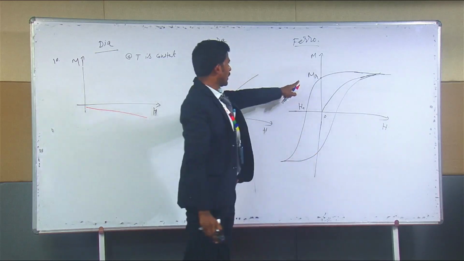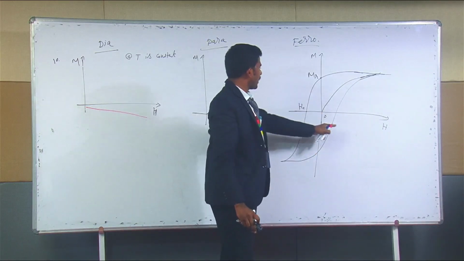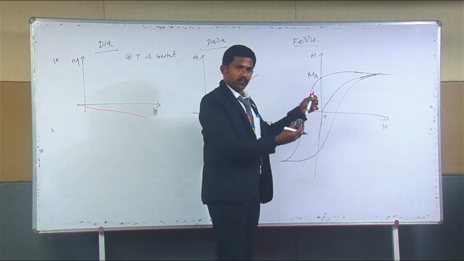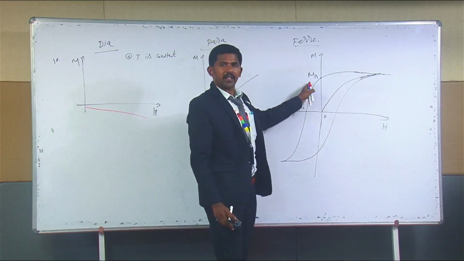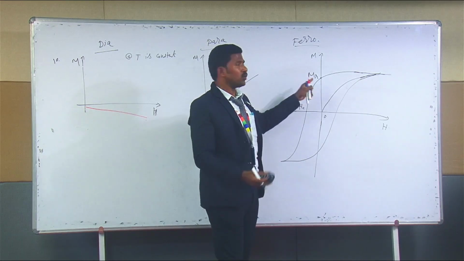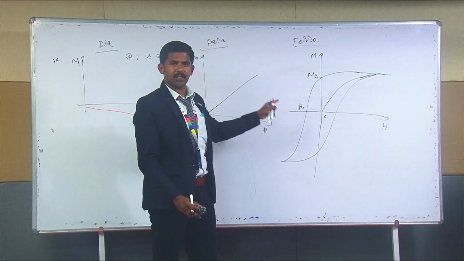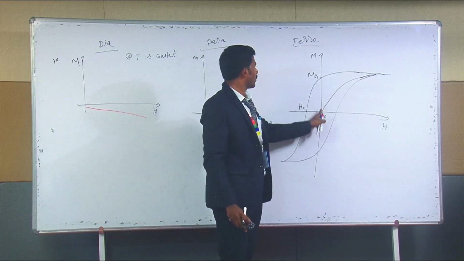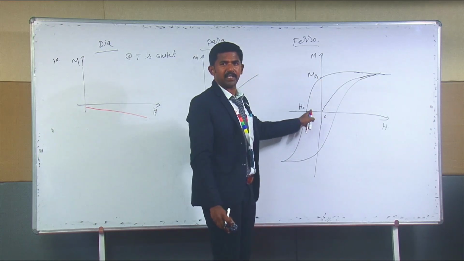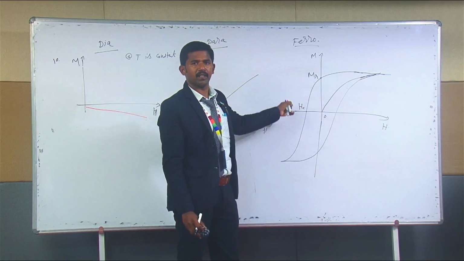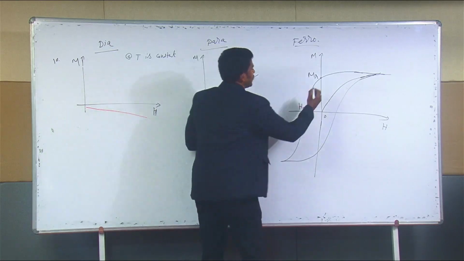Retentivity means, for example, when H is equal to 0, if you remove the field, the magnetic material won't lose its magnetization even in the absence of the field. This is called retentivity, or remanent polarization or remanent magnetization.